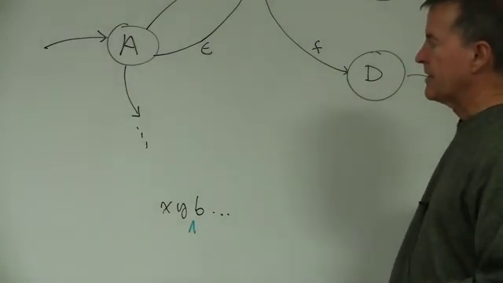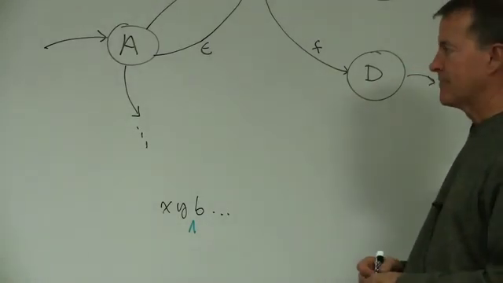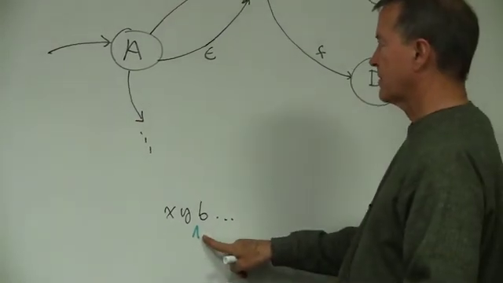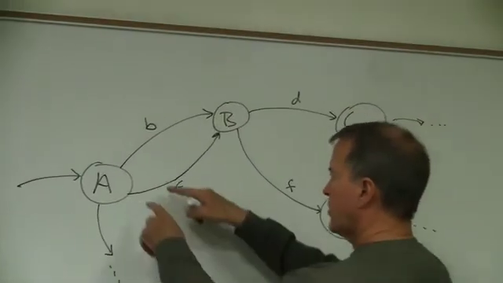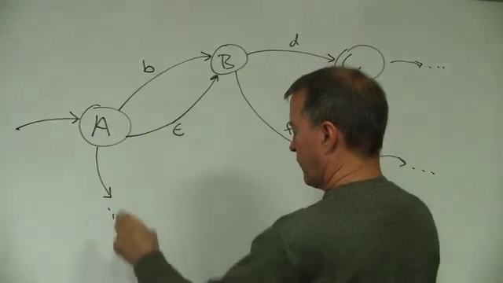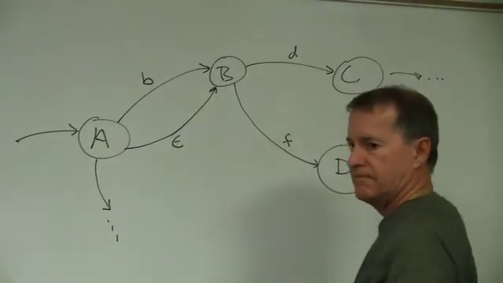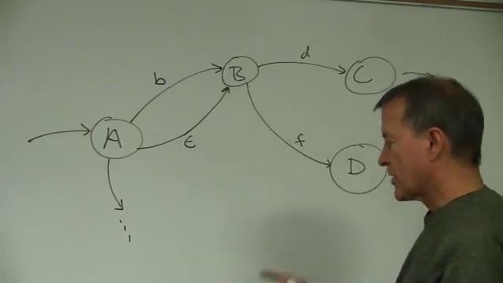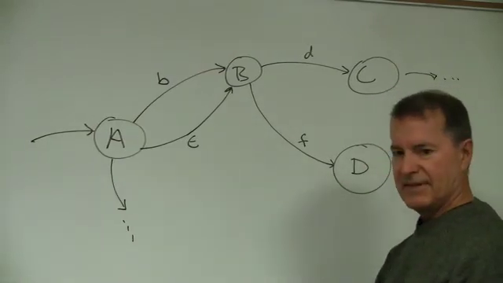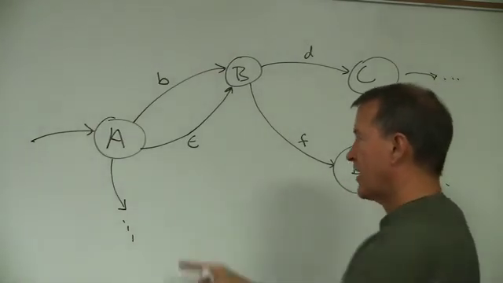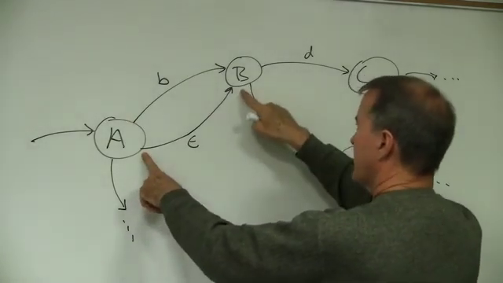Now, watch this. What are our choices here? Our choice is we could scan this little b and go to state big B. But another choice is to do what? Epsilon. Stay right here and take epsilon from here to here.